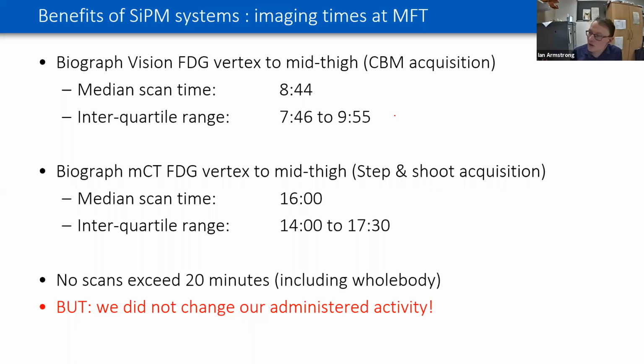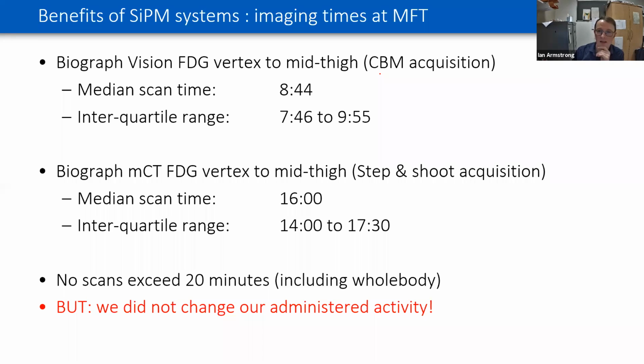So when we come back now to our FDG oncology imaging, what impact has it had on our scan times? This is where we are up to now on our Vision. We're looking at median scan times just under 9 minutes, 8 minutes 44 seconds, and there's the range.